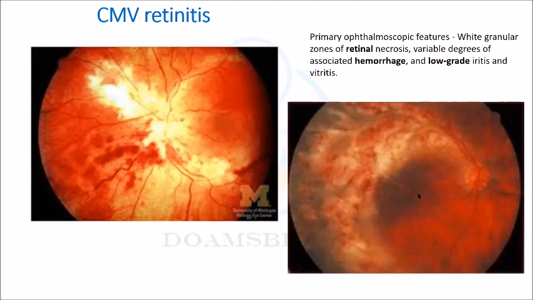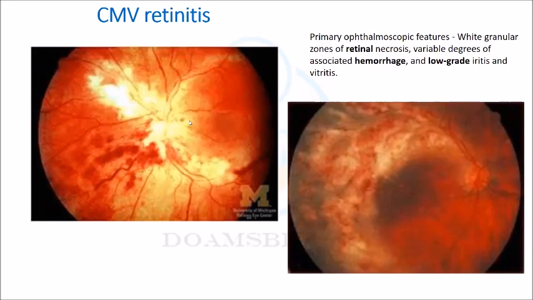Both may happen, but the primary feature is the granular zone of retinal necrosis. The white area is the retinal necrosis, with variable degrees of hemorrhages and low-grade iritis and vitritis. So iritis is also there; the iris and the choroid are in the same middle layer of the eyeball. Iritis may be there, but choroiditis is less.